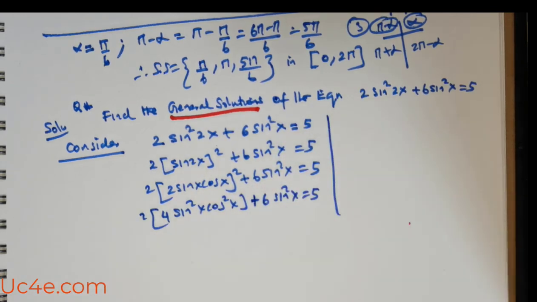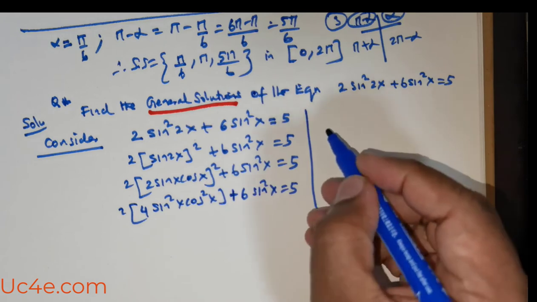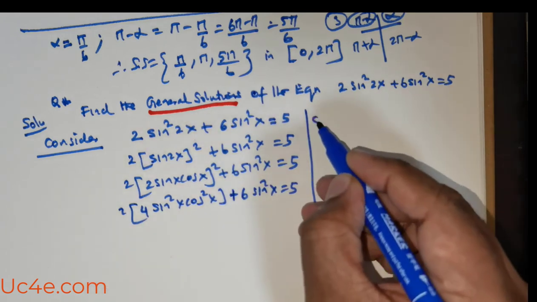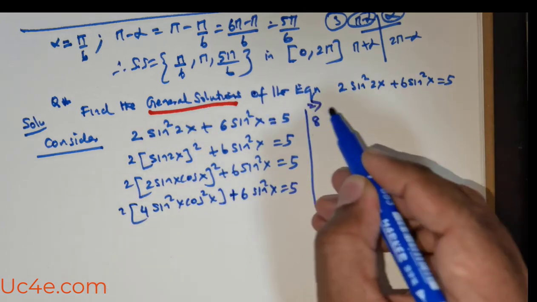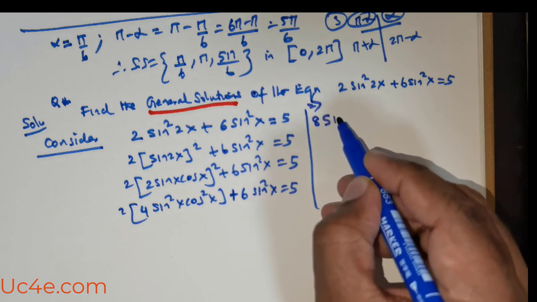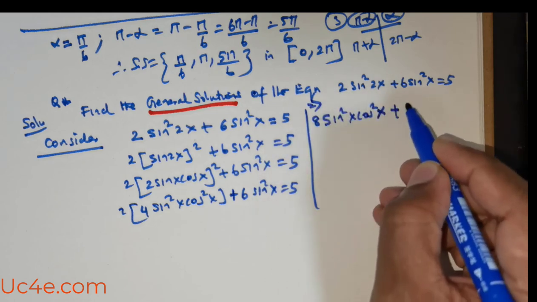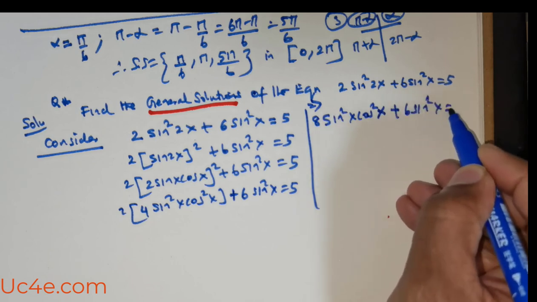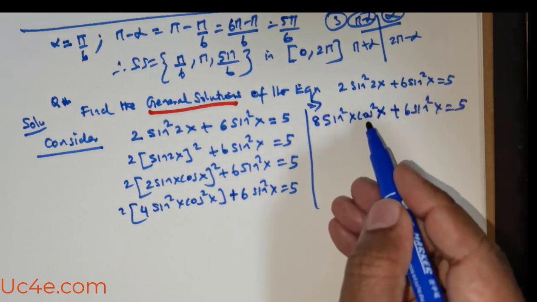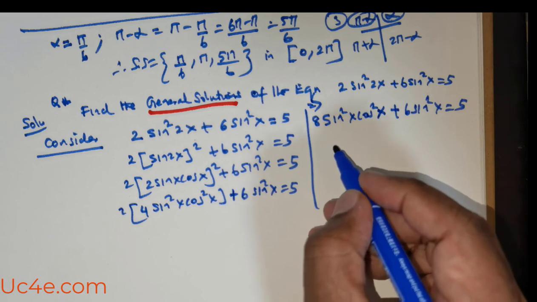So 2 times 4 is 8, and I have 8 sine squared x cos squared x plus 6 times sine squared x is equal to 5. Now let me rewrite cos squared x as 1 minus sine squared x.